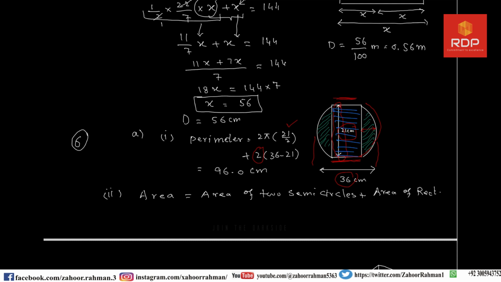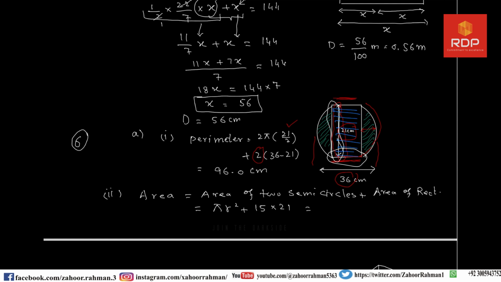So let us say that it is equal to pi r square plus 15 into 21, because this side will be 15 and this is given to us as 21, that is the area of the rectangle, length multiplied by breadth.